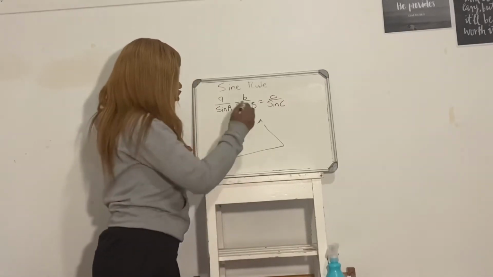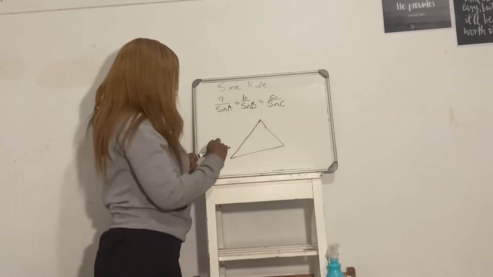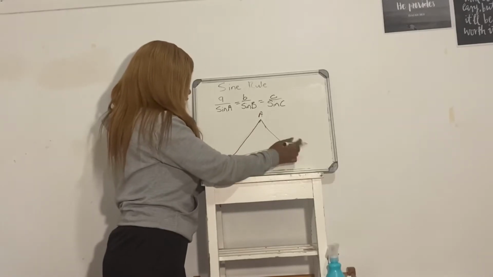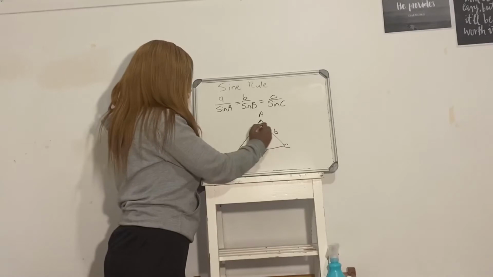Let's go back and draw a triangle because we work easier with visuals. Okay, so we have A, B, and C, and we have our a, our b, and our c.